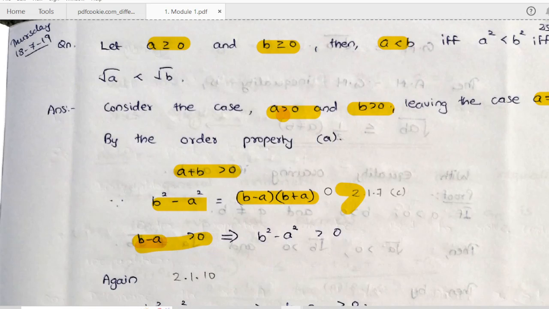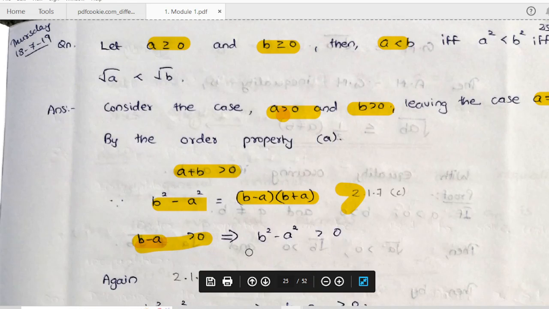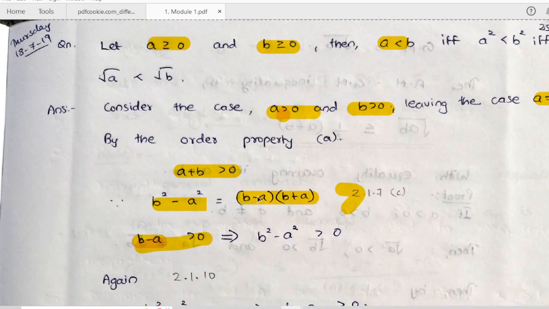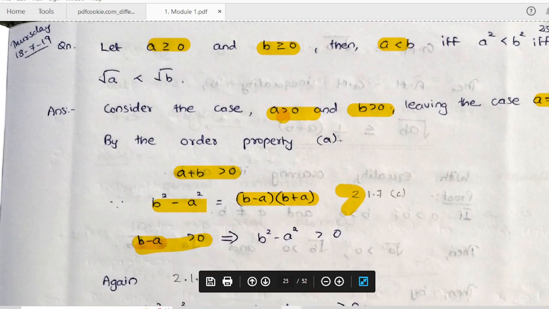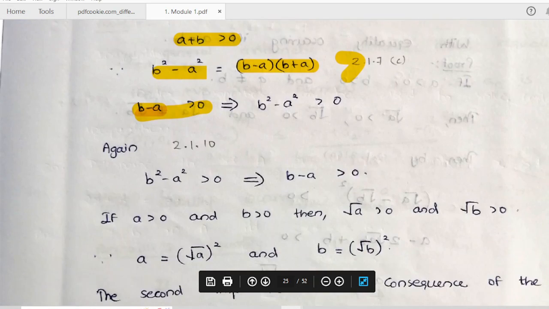So B plus A greater than 0 and B minus A is also greater than 0. So ഇവിടെ B square minus A square എന്ന് പറയുമ്പം B minus A greater than 0 and B plus A greater than 0, we can say that B square minus A square is also greater than 0.